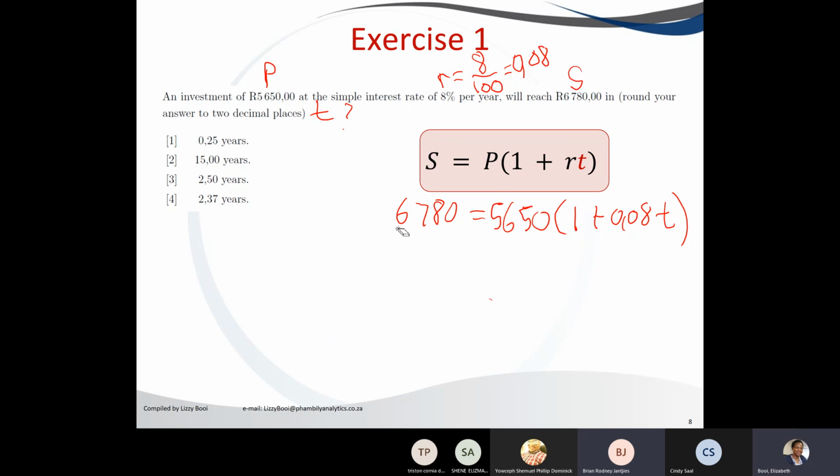So first you simplify it by removing the brackets. Okay, you can carry on now. So 5,650 multiplied by 1, plus 5,650 multiplied by 0.08, which gives me 452T.